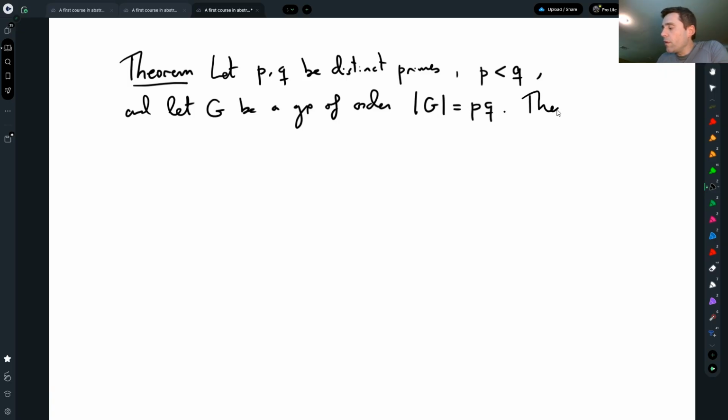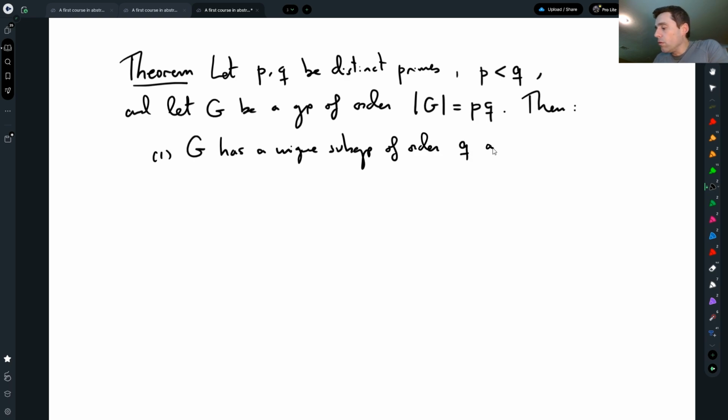Then the following happens. One, G has a unique subgroup of order Q, and it is normal in G.